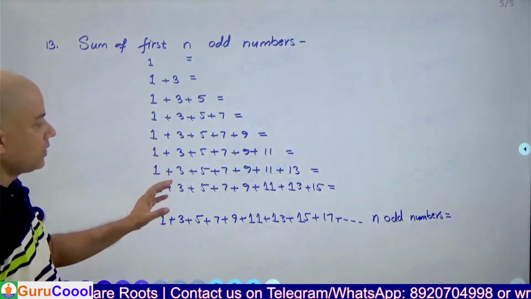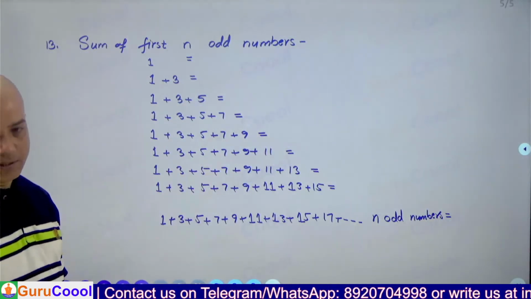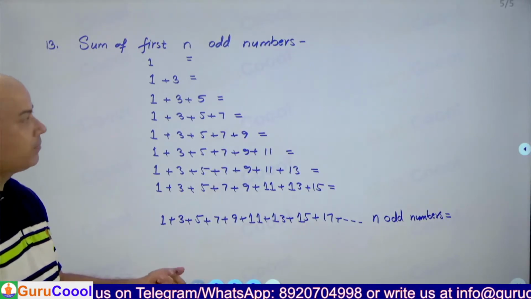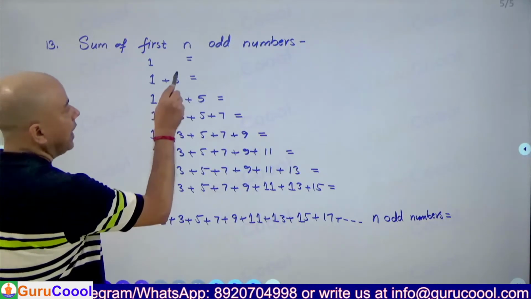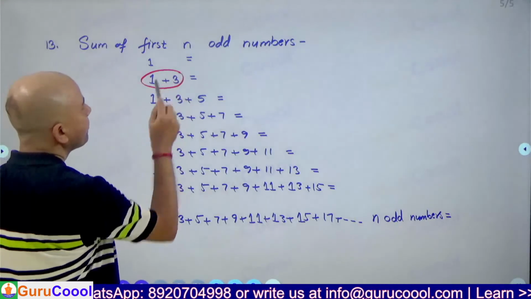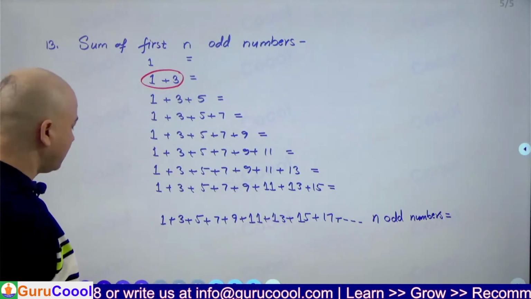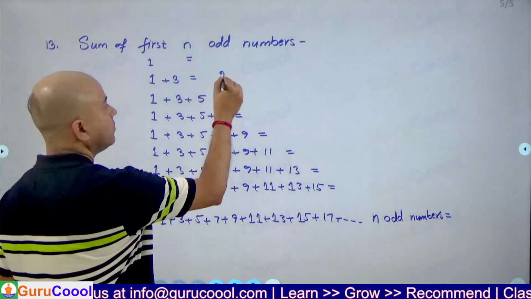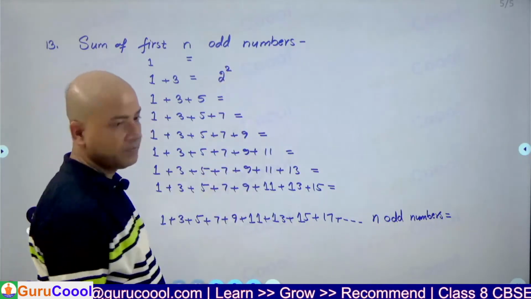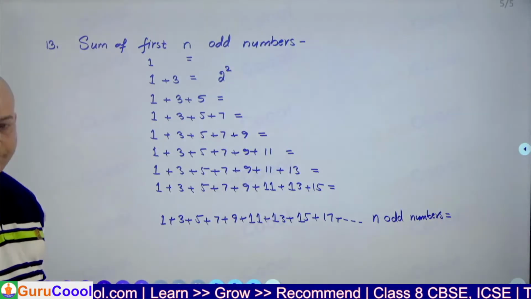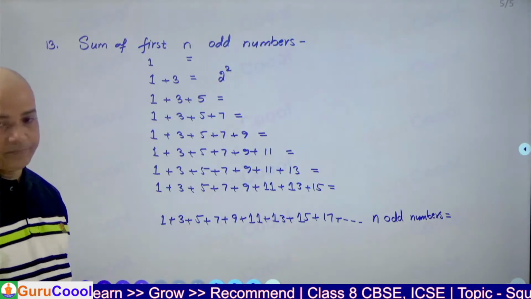Just count how many odd numbers are there and square it. How many odd numbers do you see? Sir, 2. So square 2. Answer is over. Done. Means 4.